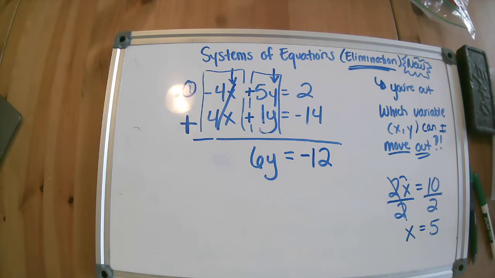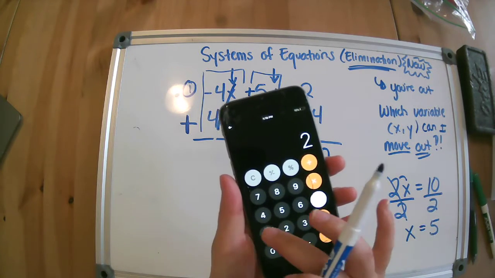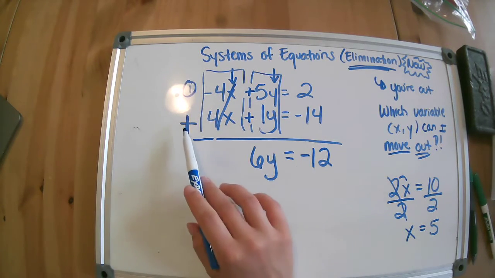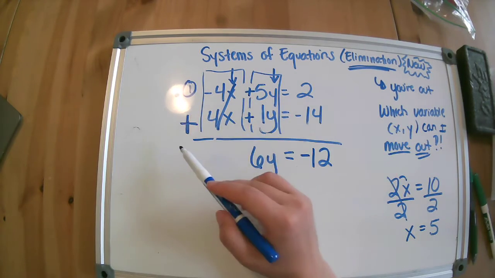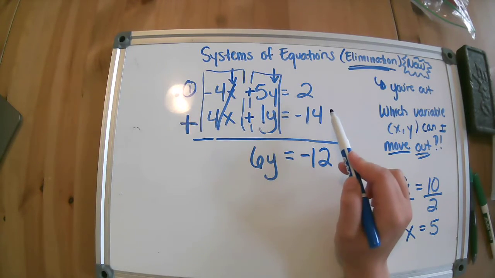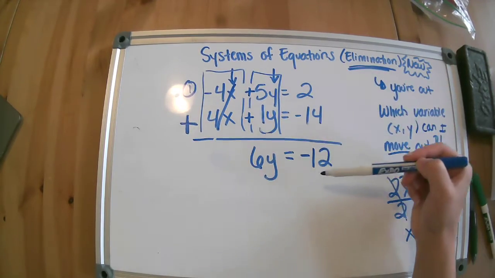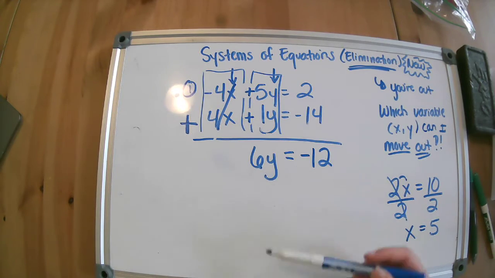Another way I could have done this, and sometimes we'll get a little bit confused about this, is you can also do 2 minus 14. It'll also give you negative 12, right? But it's important to understand that even if you skip the plus negative 14, you are still adding the top thing to the bottom thing. If you don't understand that, it might get a little bit confusing when you try to combine them, okay?